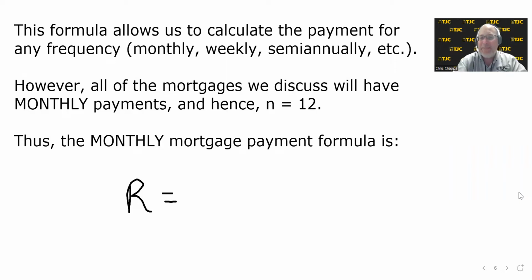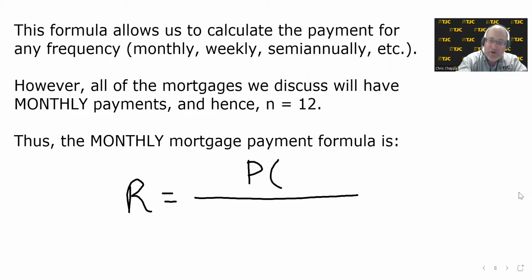Our monthly payment, capital R, is still equal to a fraction that has the principal on top, capital P, times r over N, except now N is 12.